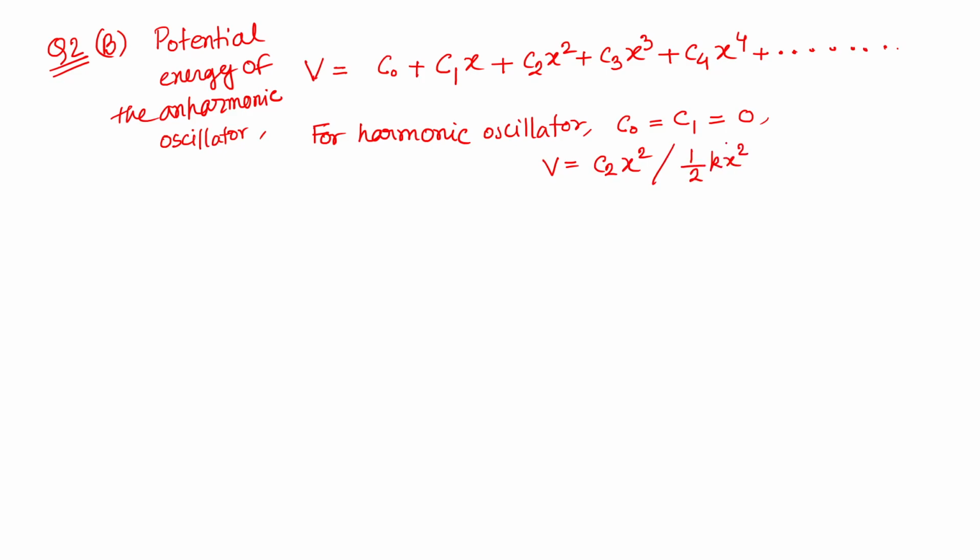Here C2 is a constant. So it has this quadratic term. So this x cube, x to the power 4, these are going to be the perturbation terms from harmonic to anharmonic.